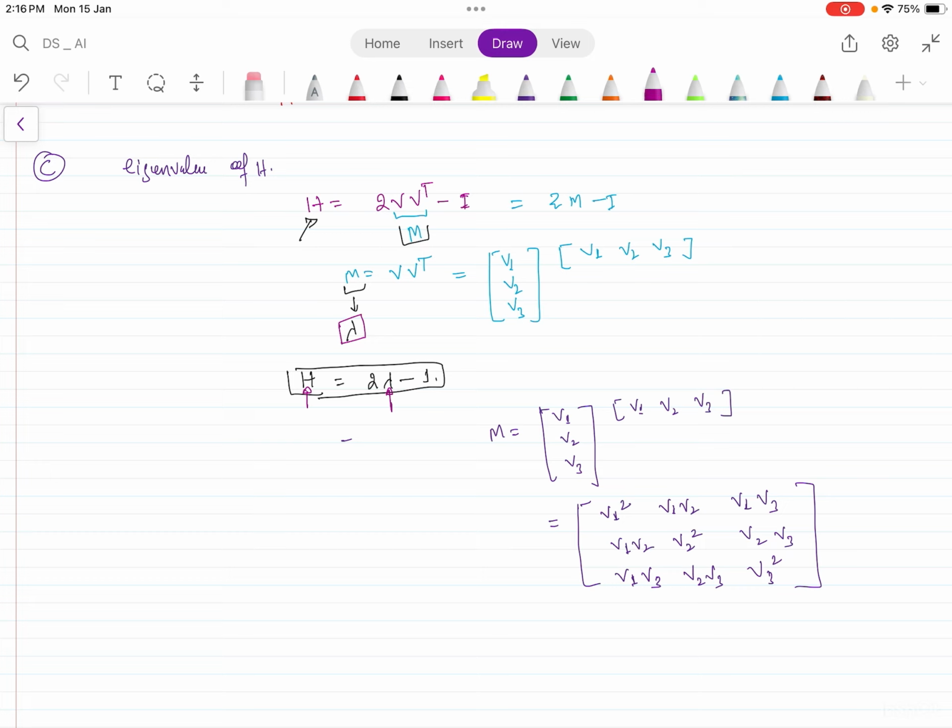Why? You can directly look at this matrix. Let me write it down like this, so that you can see why it has rank 1. So we have this v1, v2, v3 here, and v1, v2, v3, and v1, v2, v3, right?